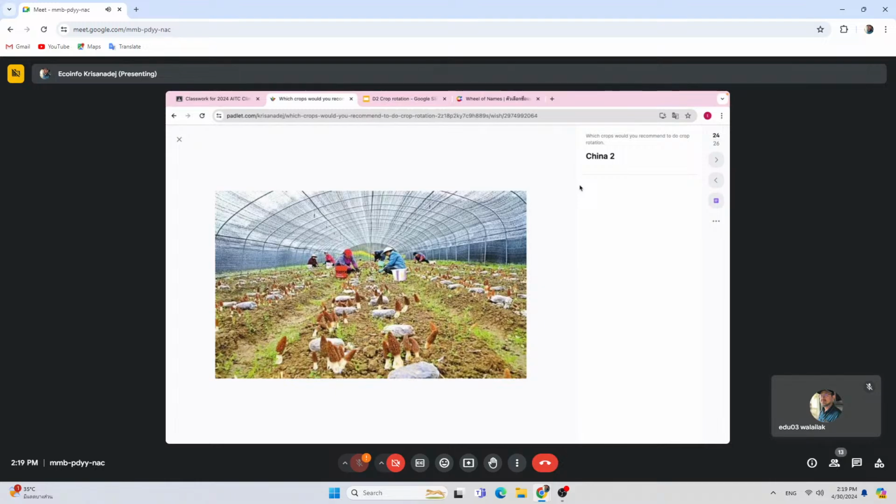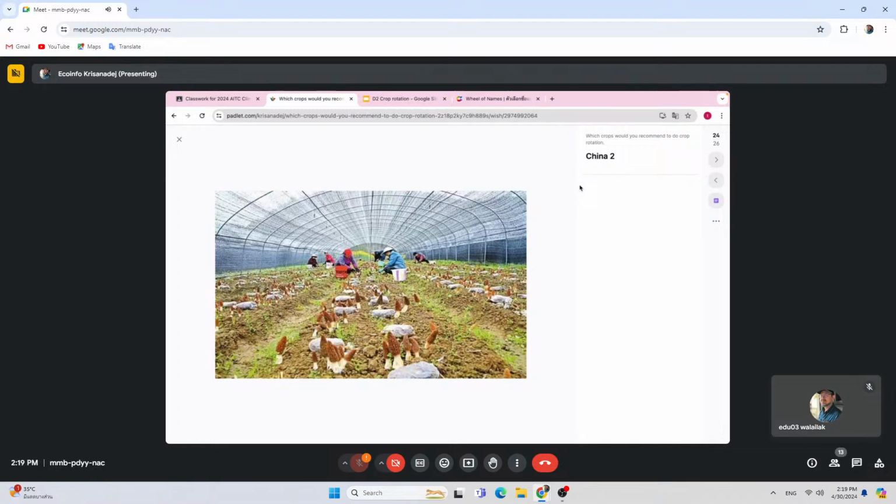Why mushrooms? How would they choose to plant mushroom? This protected area is mainly for producing mushroom.